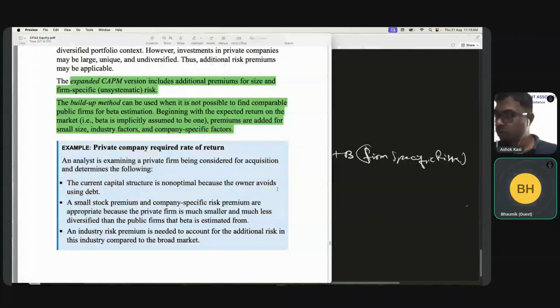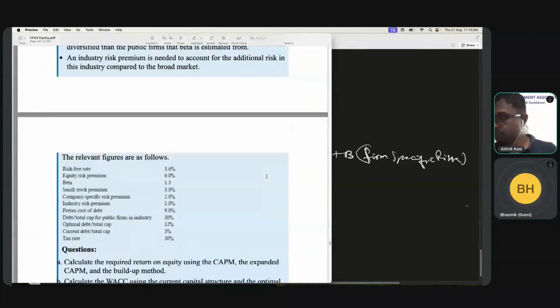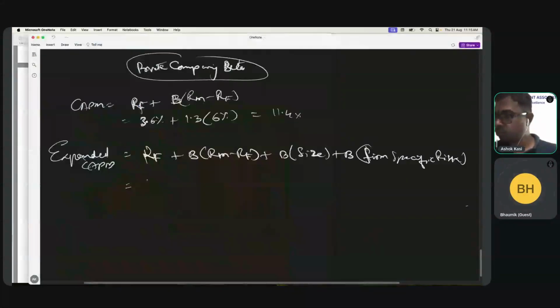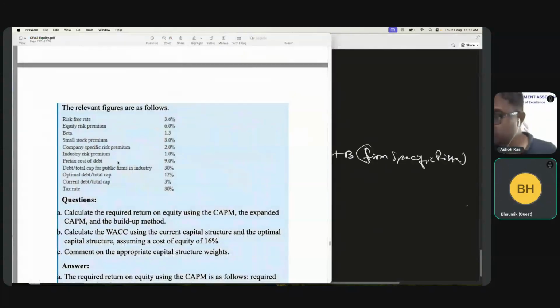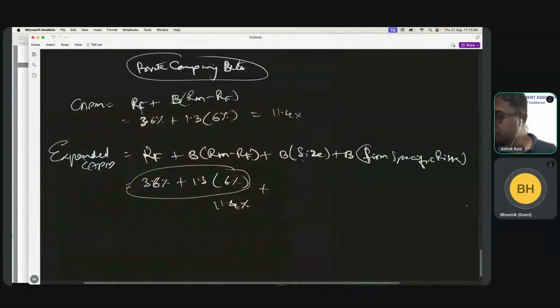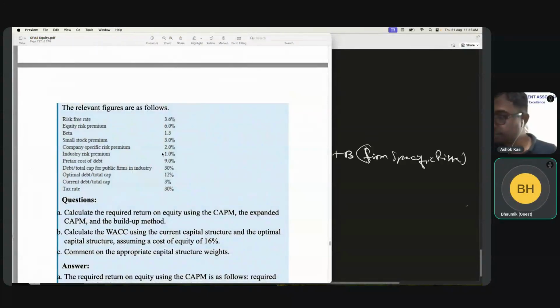So risk-free rate is 3.6 plus 1.3 times 6 percent, which we have already calculated as 11.4 percent, plus the small stock premium. Size is 3 percent, but beta is not given.